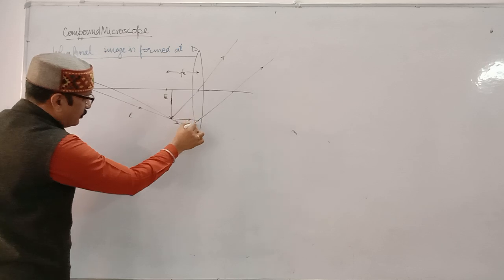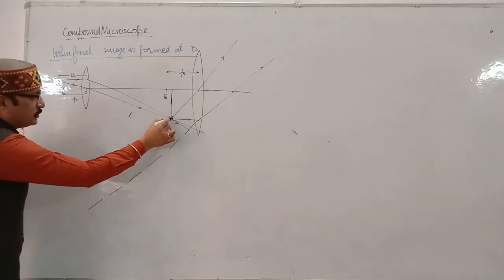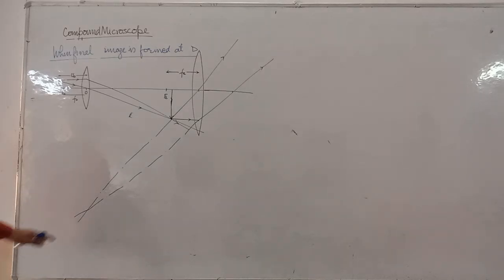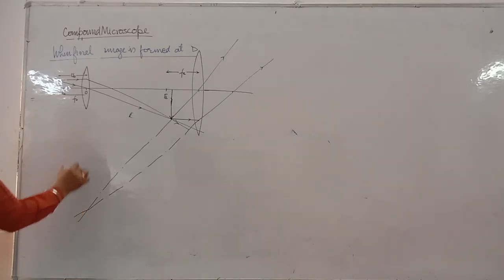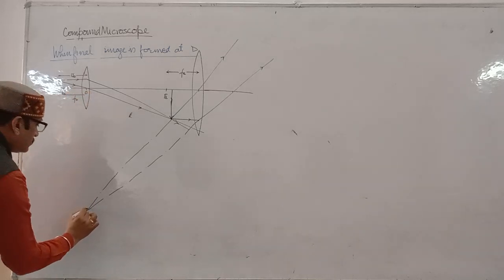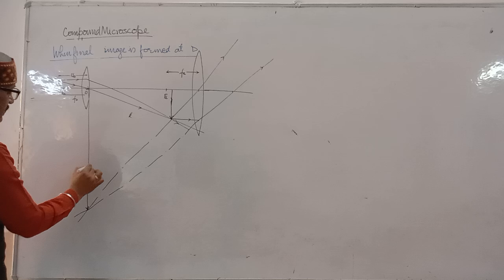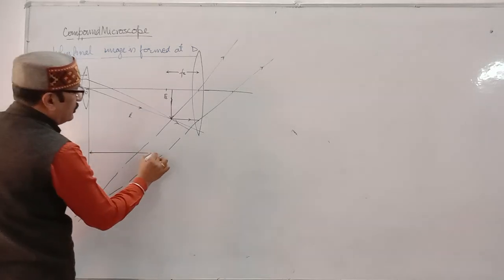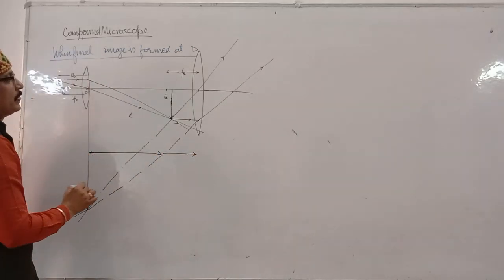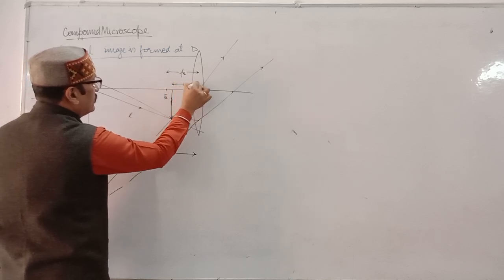And when we extrapolate these two rays, they will meet at a point here, and this is your final image. If I draw the line, say like this, this distance of the image from the eyepiece is d. This is the least distance of distinct vision, and this distance of the object from the eyepiece is u(e).